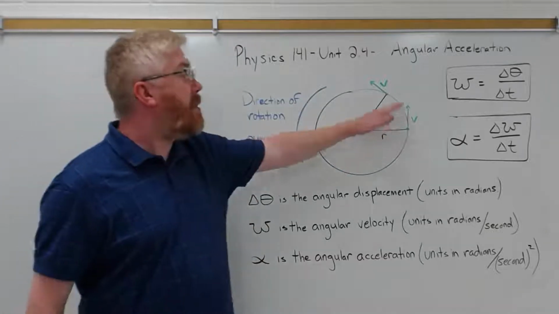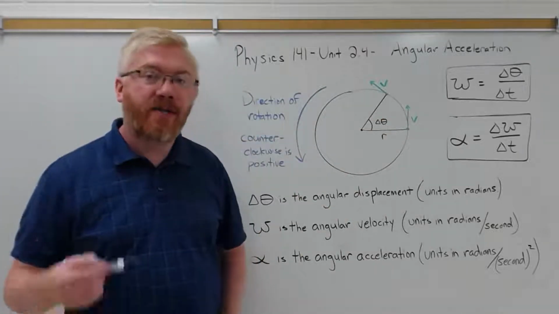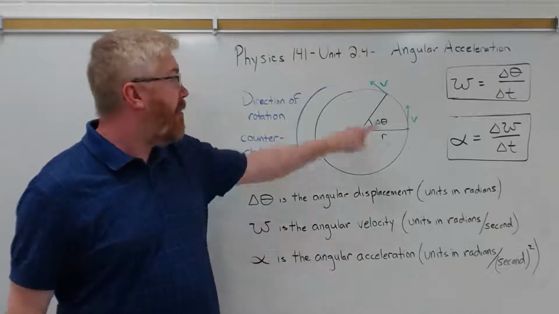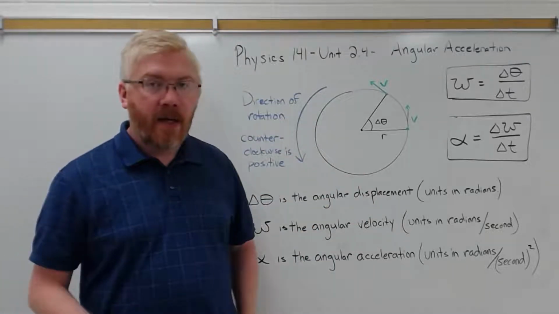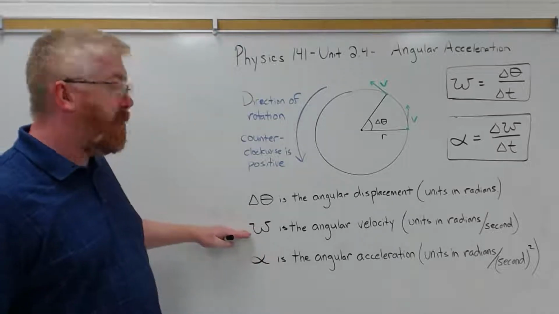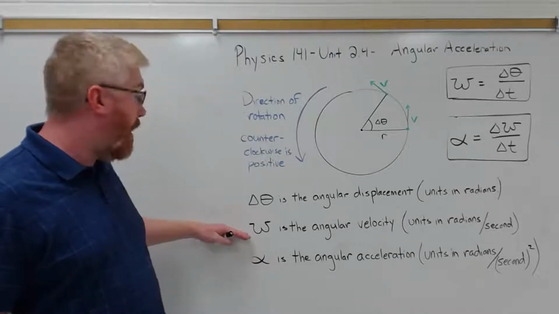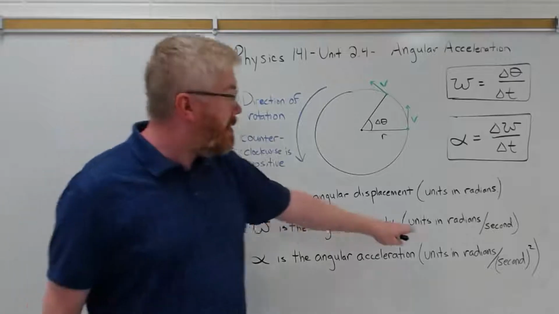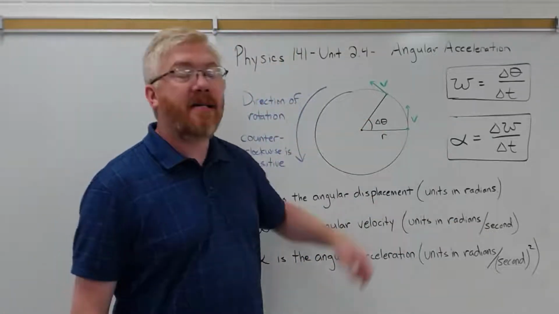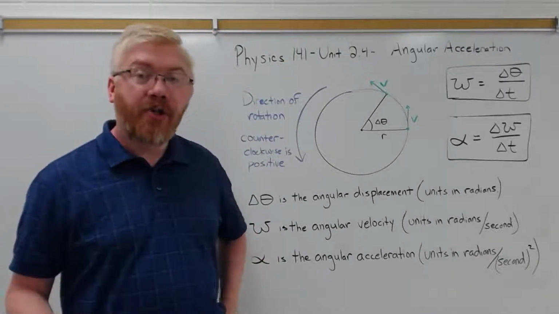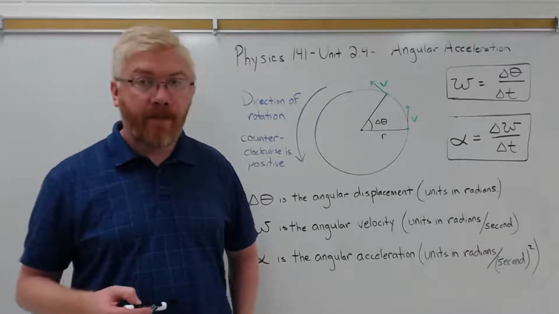Now, how quickly delta theta changes with time depends on how fast this thing is rotating. That is the angular velocity. So the angular velocity is given by the Greek letter omega, lowercase omega here. It is in units of radians per second. How many radians does delta theta change in a given amount of time?